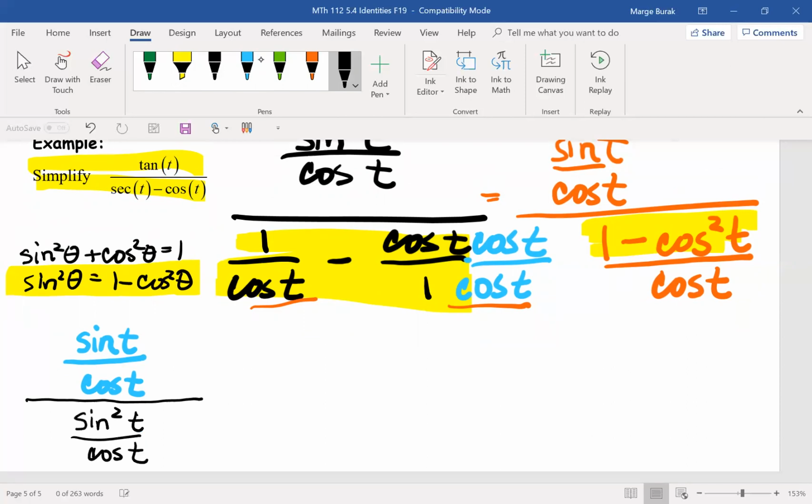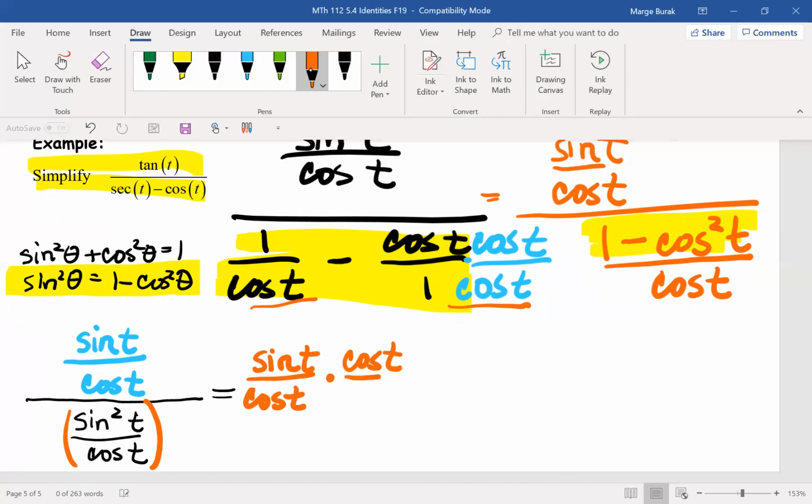Okay, now I can rewrite this as sine of t over cosine of t times the reciprocal of that, cosine over sine squared. And the reason I'm doing that is so those will cancel. Woohoo! And actually, one of these cancels with one of these.